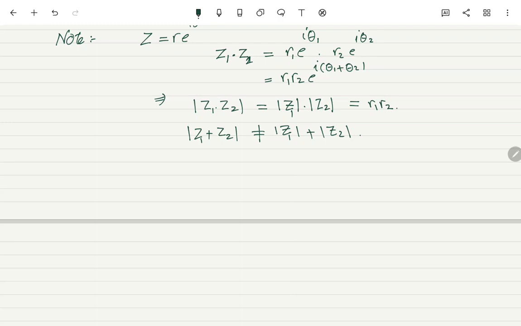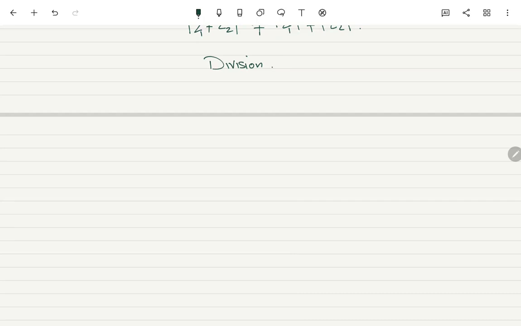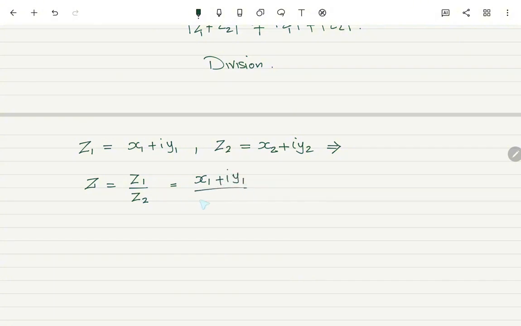Let's define division. Now, if we have z1 equal to x1 plus iy1 and z2 equal to x2 plus iy2, then z equals z1 divided by z2, which equals (x1 plus iy1) divided by (x2 plus iy2).